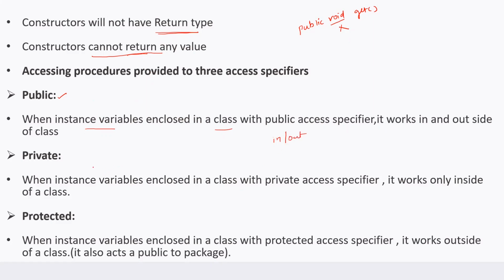When the same instance variables and methods are declared with the private access specifier, they will work only inside the class. They are restricted to inside the class. Clear? When they are declared with the protected access specifier, those variables and methods will work outside of the class as well, because it also acts as public to the package.